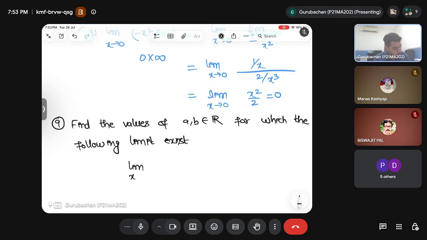Limit x tending to 0, 1 by ln of 1 plus ax minus 1 by tan inverse bx.